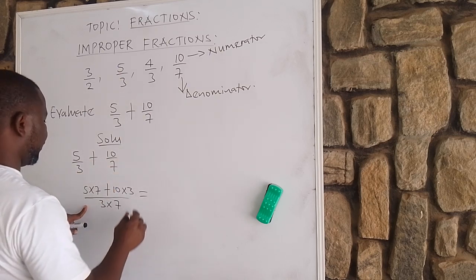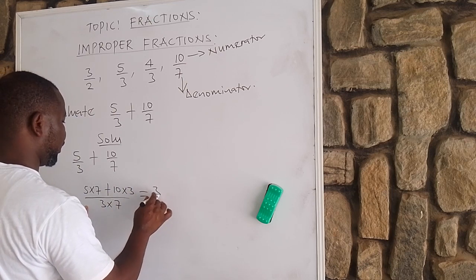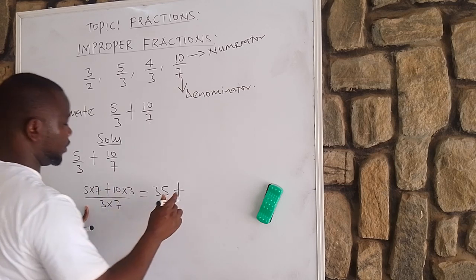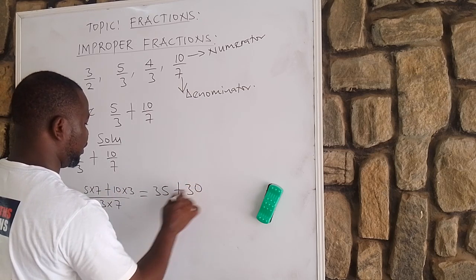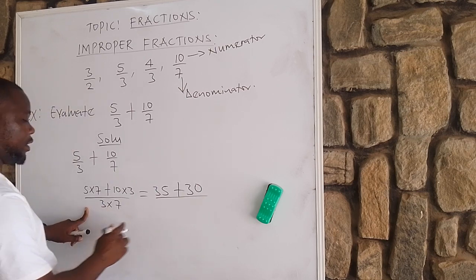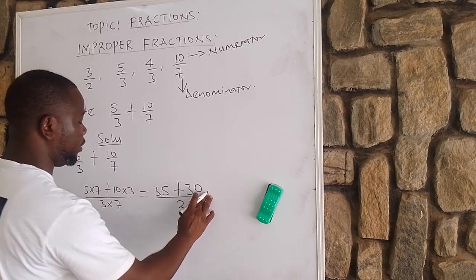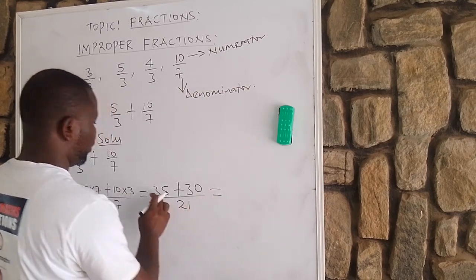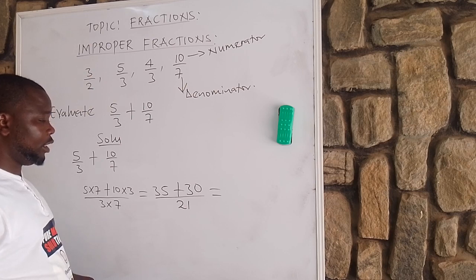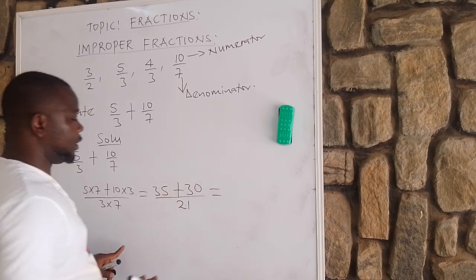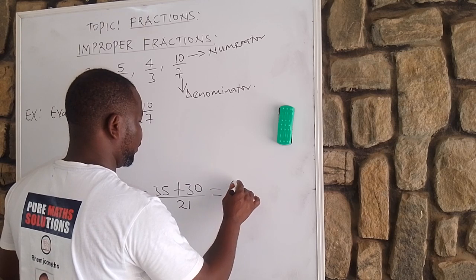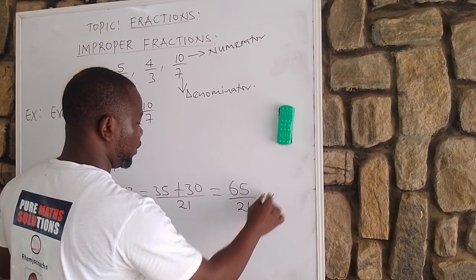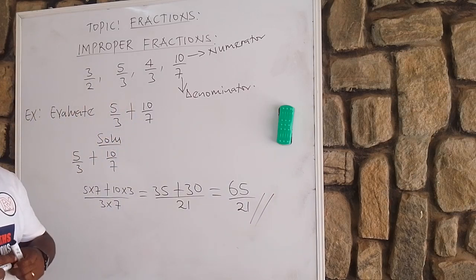So here 5 times 7 is going to give us 35, plus 10 times 3 is 30, all over 3 times 7, 21. I hope you are following. You agree with me? Then 35 plus 30 is going to give us 65 all over 21. This is the final answer.